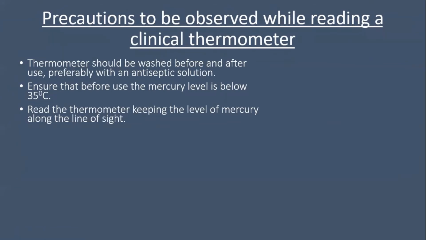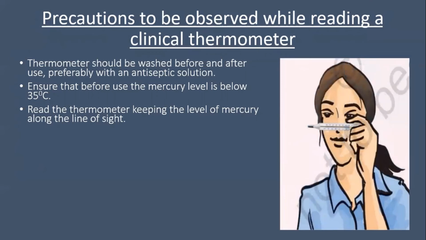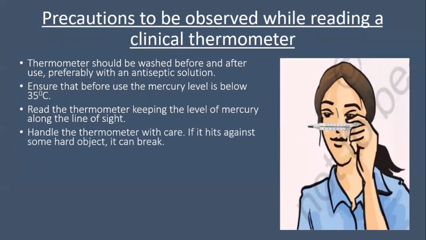Read the thermometer, keeping the level of mercury along the line of sight. Handle the thermometer with care. If it hits against some hard object, it can break. Do not hold the thermometer by the bulb while reading it.